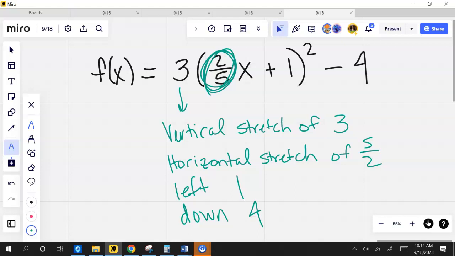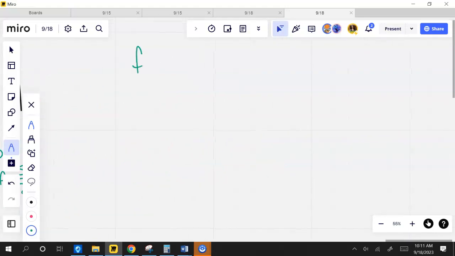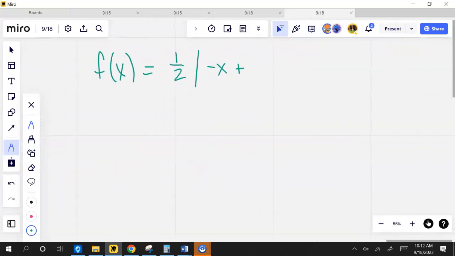Horizontal is always with the X. Yes. Yes. All right, tell me what we got.